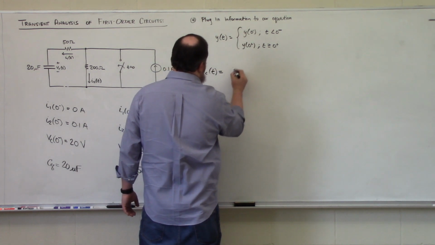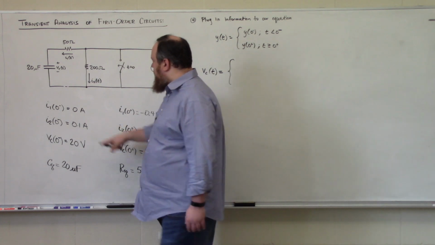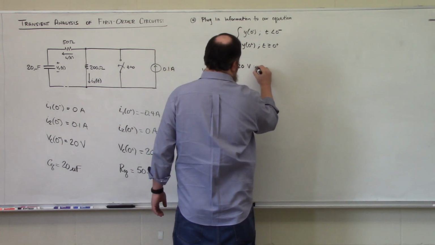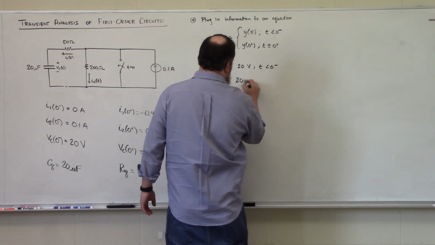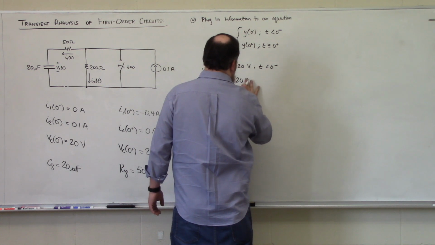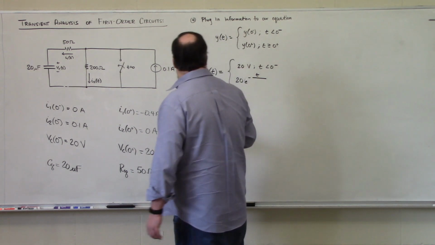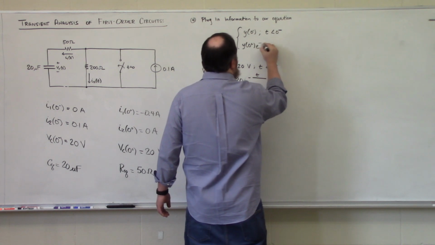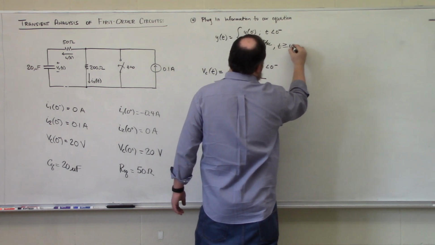Our capacitor voltage as a function of time will be 20 volts for t less than 0 minus, and 20 e to the minus t divided by r times c. Oh, I have made a mistake up here. I'm sorry. e to the minus t divided by RC for t greater than or equal to 0 plus.